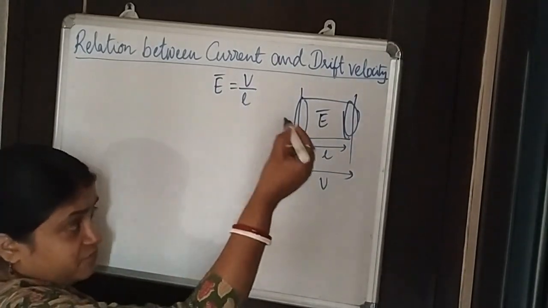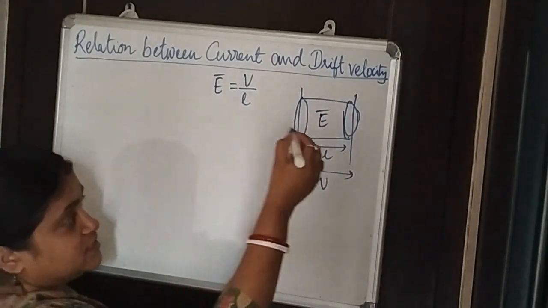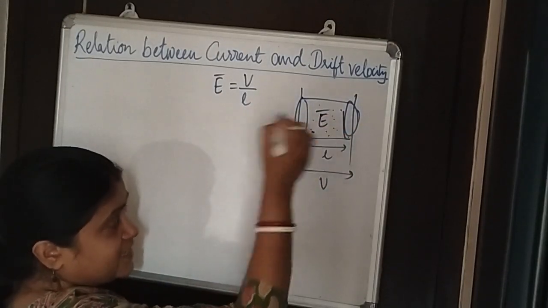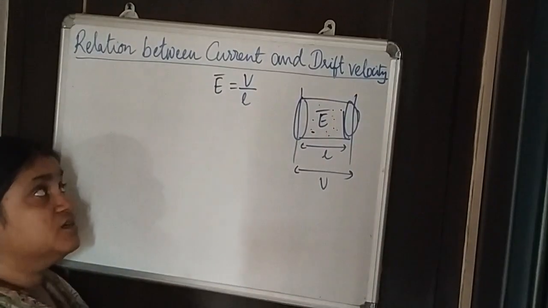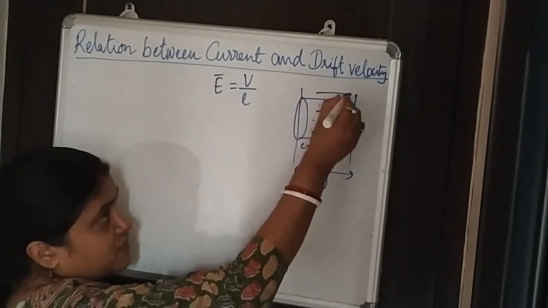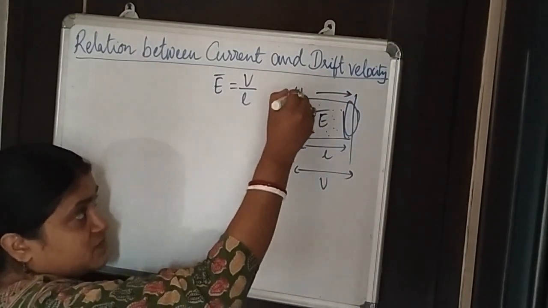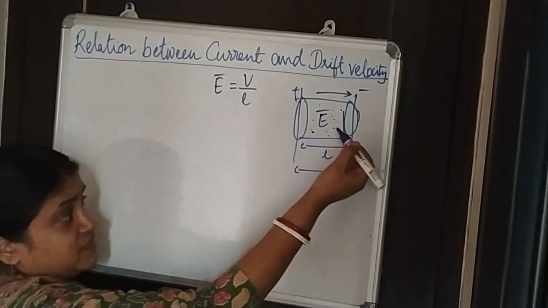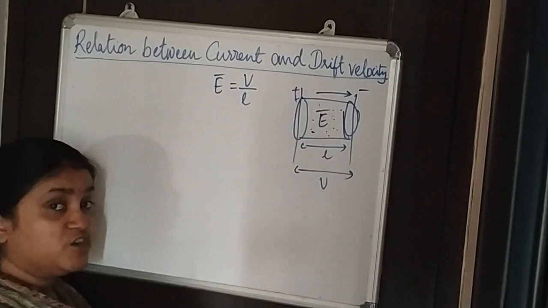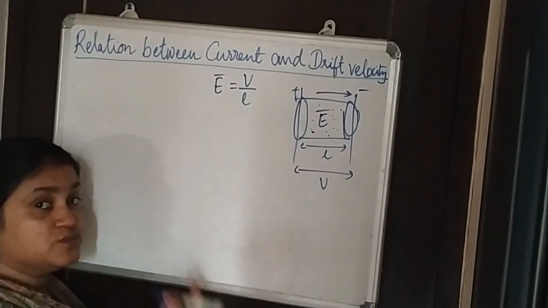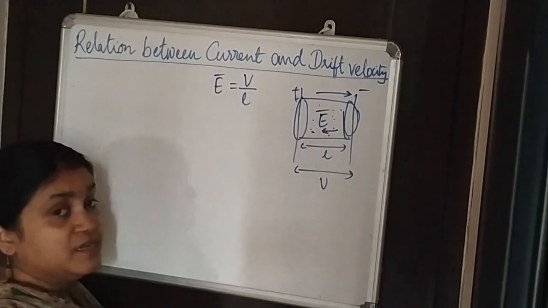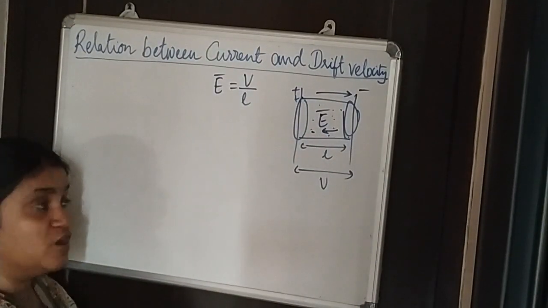Now as we know from the concept of drift velocity, all the free electrons or valence electrons inside this conductor are affected by the electric field. If the direction of the electric field is from the positive side to the negative side, then the electrons start from the negative side and move towards the positive side, which is the opposite direction of the electric field, and their velocity is nothing but what we have called drift velocity.